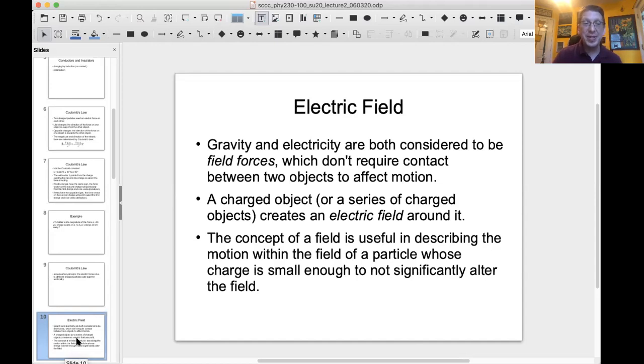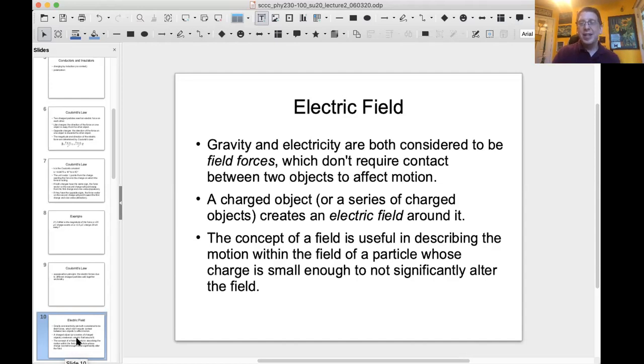Whereas the electric field is a different beast altogether, because you can have many charges creating an electric field. If you have a test charge by itself, and the electric field is strong, the isolated test charge moving within the electric field might not be big enough to significantly affect the overall electric field.